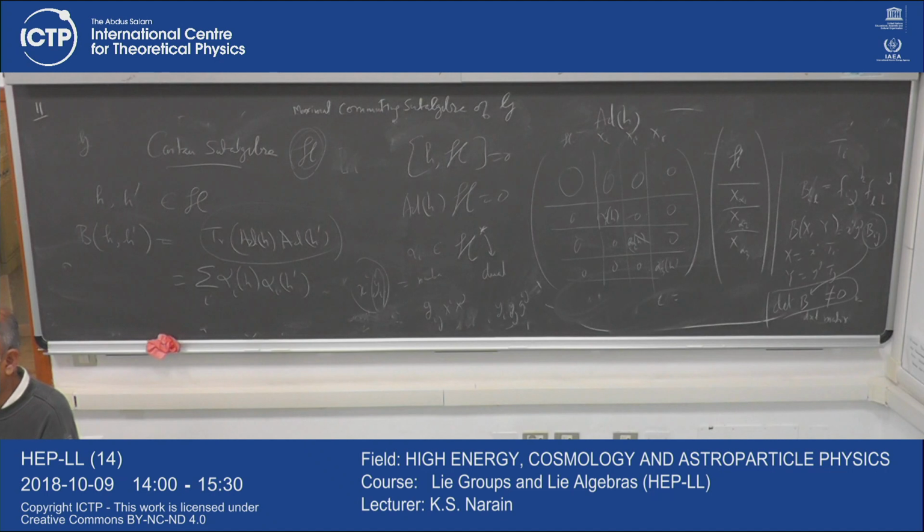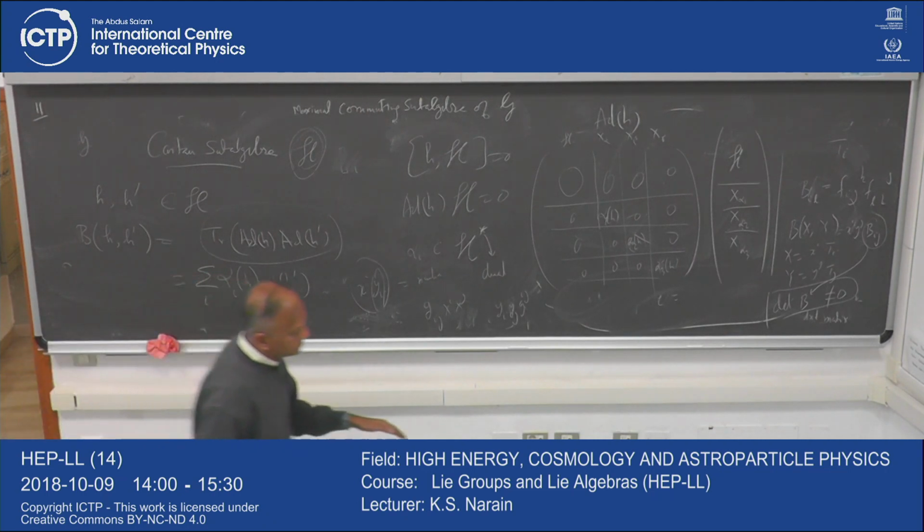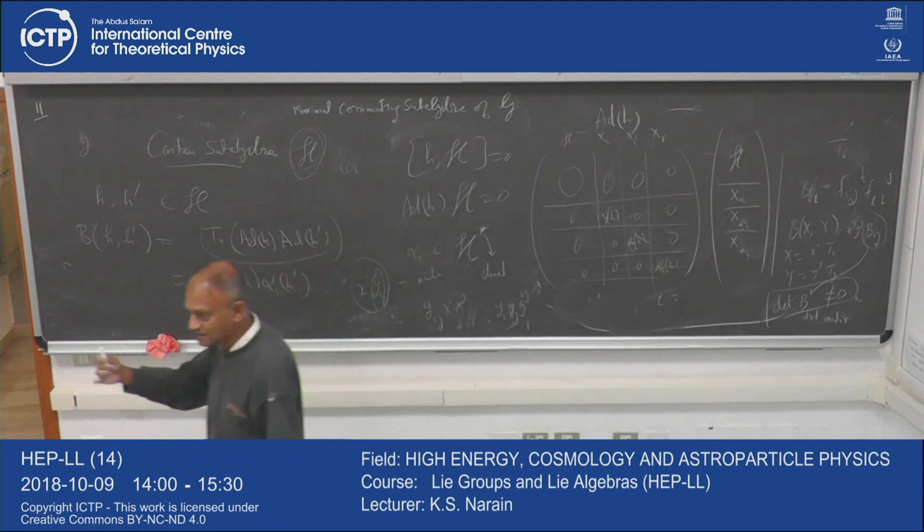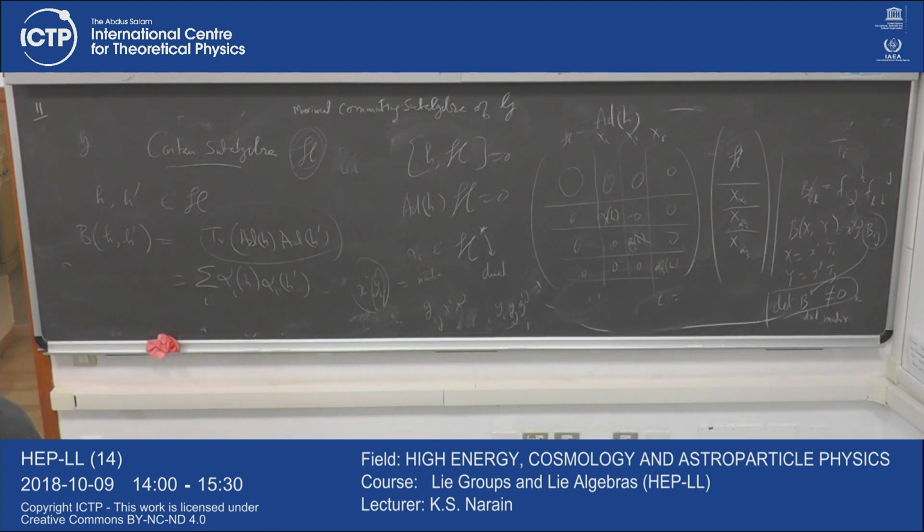One can show that this statement is exactly equivalent to the statement that this metric is not degenerate. These are two equivalent ways of defining it. Therefore, since we are always going to talk about semi-simple or even simple Lie algebras, the metric will always be non-degenerate.